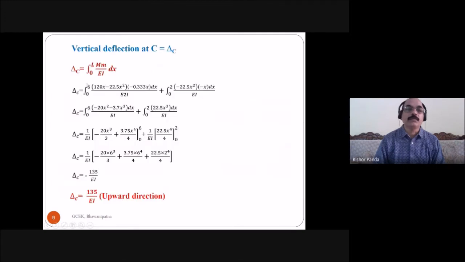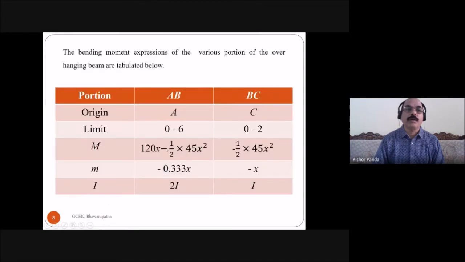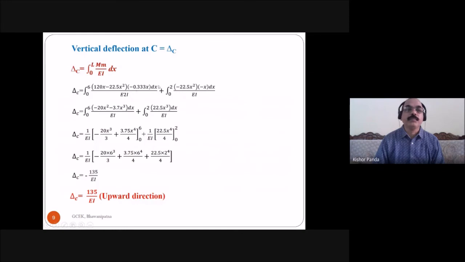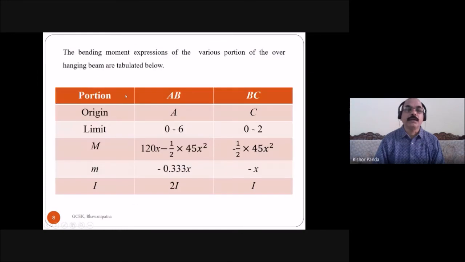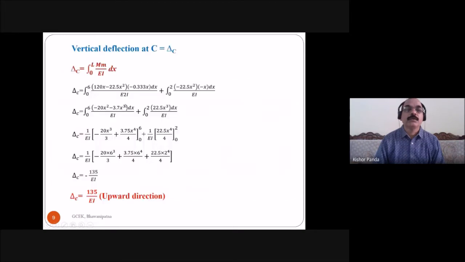So delta C is equal to integration 0 to 6 of capital M small m. For the AB portion, this is capital M and this is small m: 120x minus half into 45x square, into minus 0.333x, dx, and the moment of inertia is given as 2I.